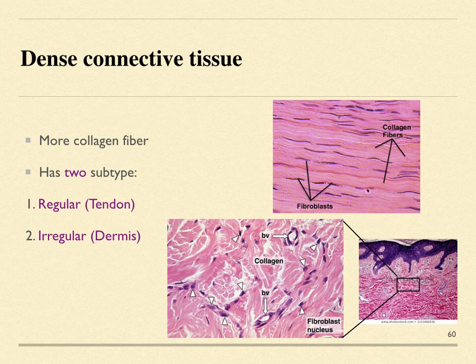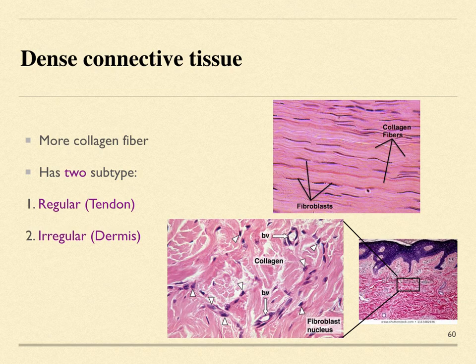Here collagen fibers are bundled and located in different manners, in different directions, and you can find the collagen fibers in the wavy form. We have got this type of the connective tissue in the dermis.